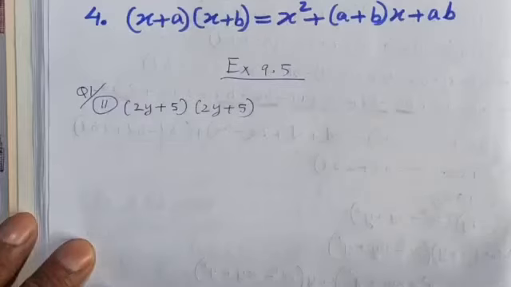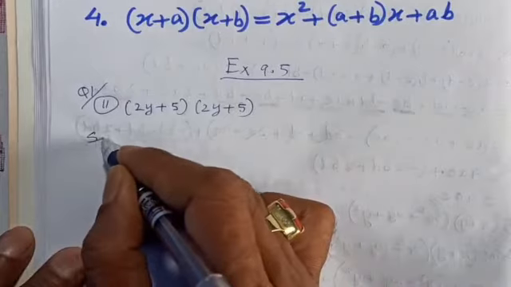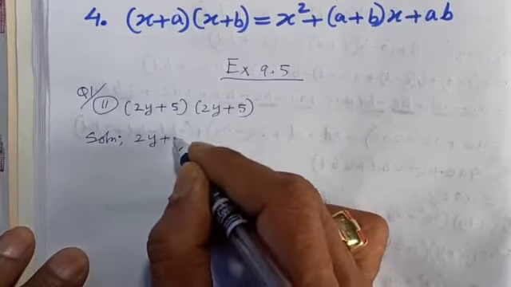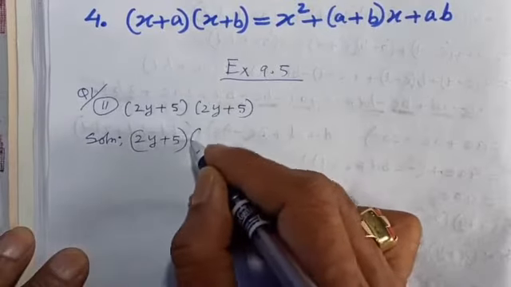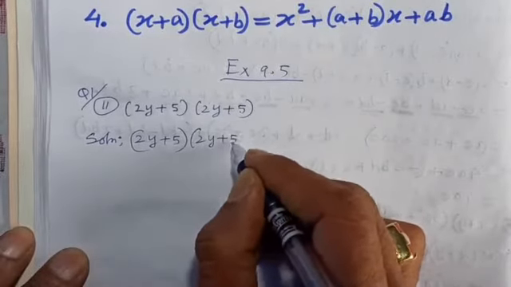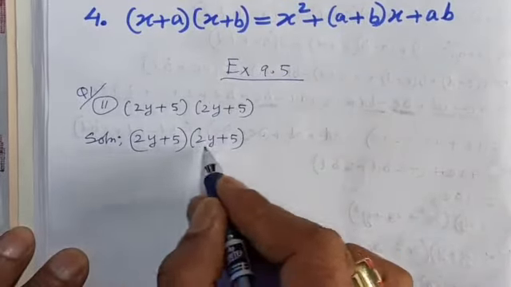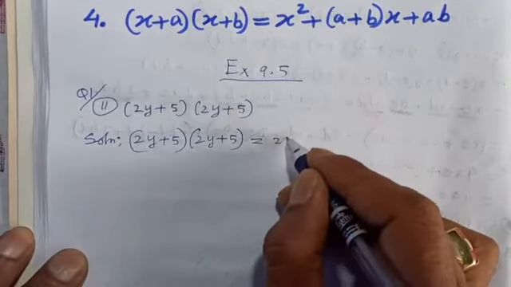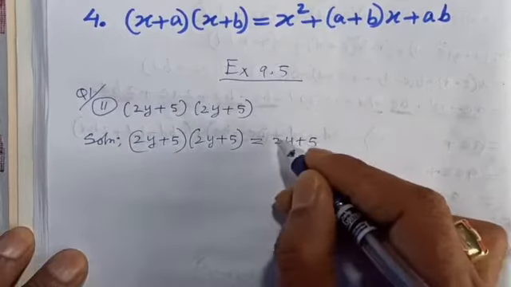This is the question, now solution. So write this again, 2y plus 5, 2y plus 5. Here we see that these two numbers are same number. If we multiply the same number, we can put power 2. That means whole square.